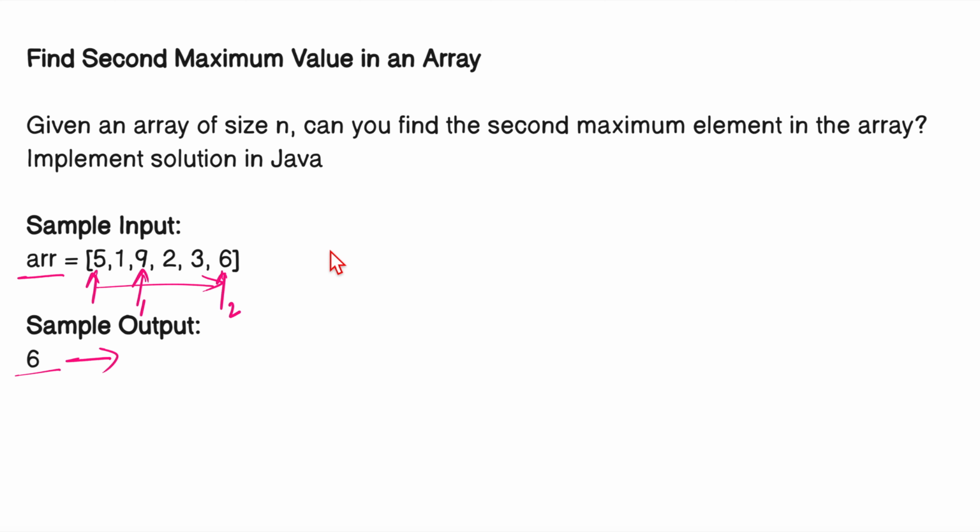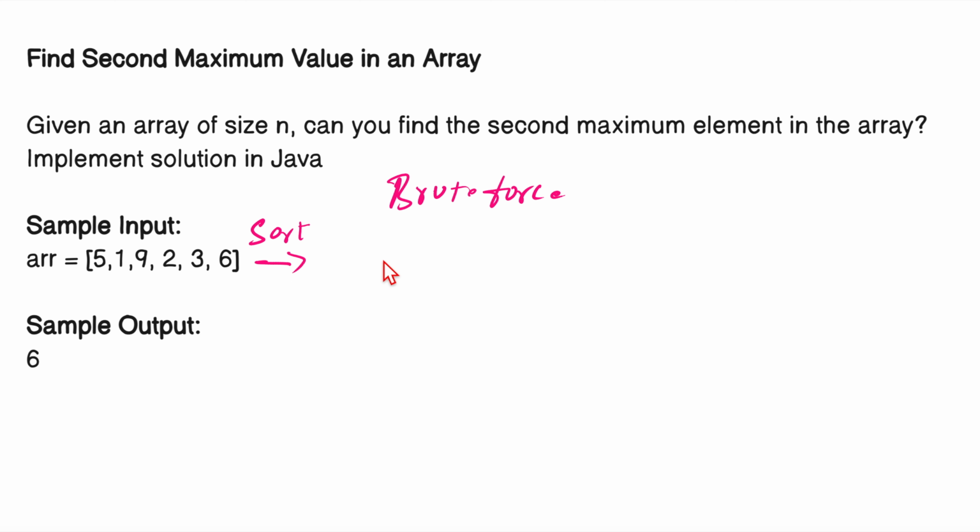So how do we solve this problem? The first and foremost solution would be the brute force solution, by sorting. Let's say we sort this array. When we sort in ascending order, the array looks like 1, 2, 3, 5, 6, and 9.